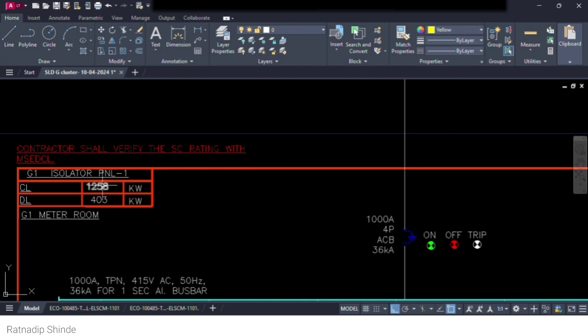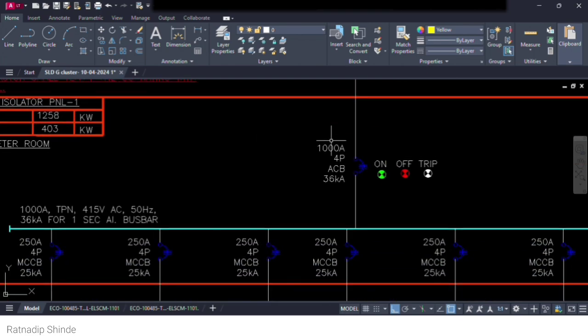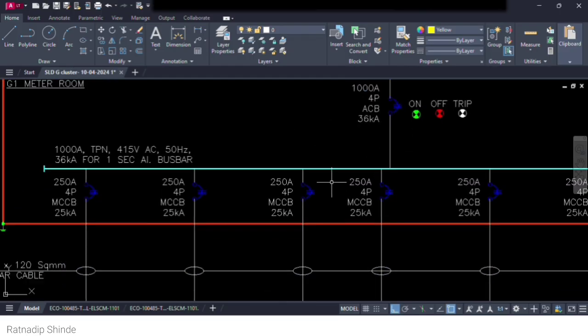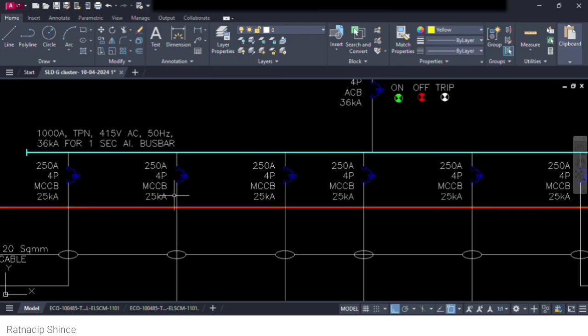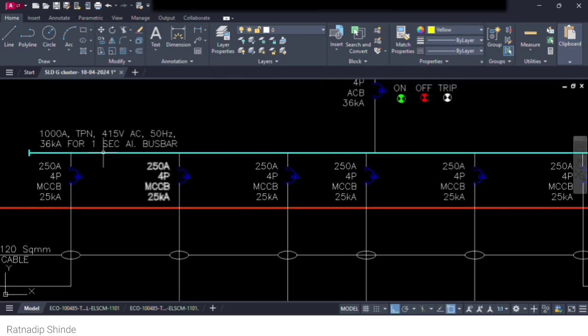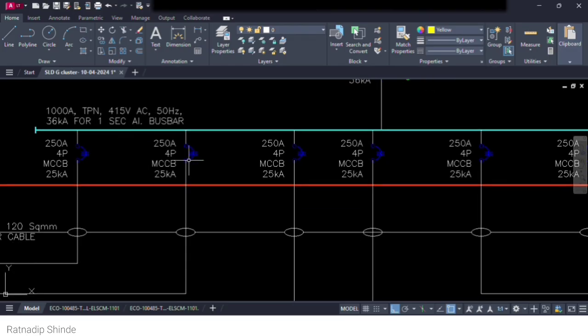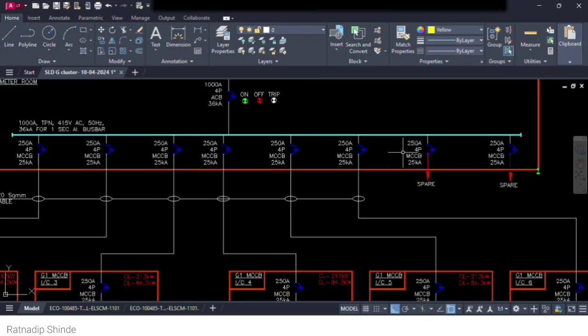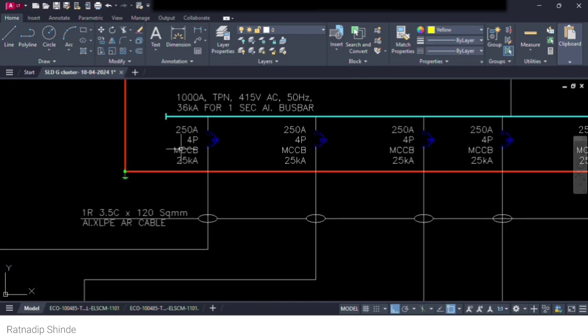You can see here a connected load and a demand load. Firstly it goes to the panel, and in the panel there is an ACB, a 4 pole ACB, with on, off, trip indications, and then the bus bar. From the bus bar there are different outgoings, 6 outgoings, and 2 of these are spares.